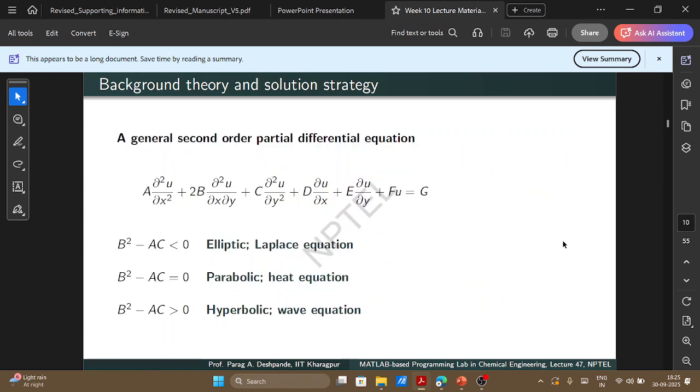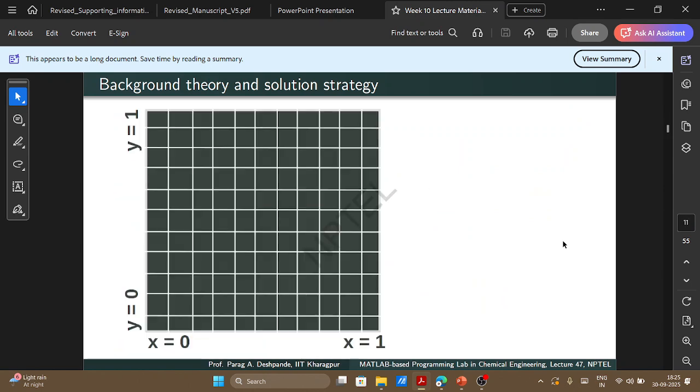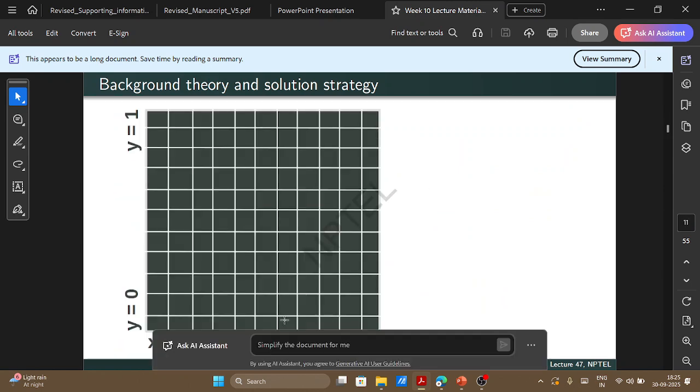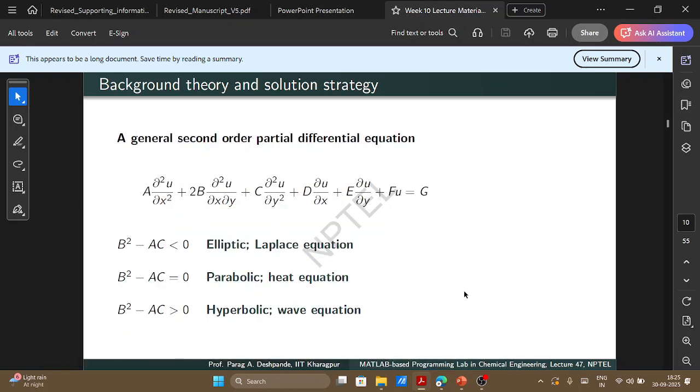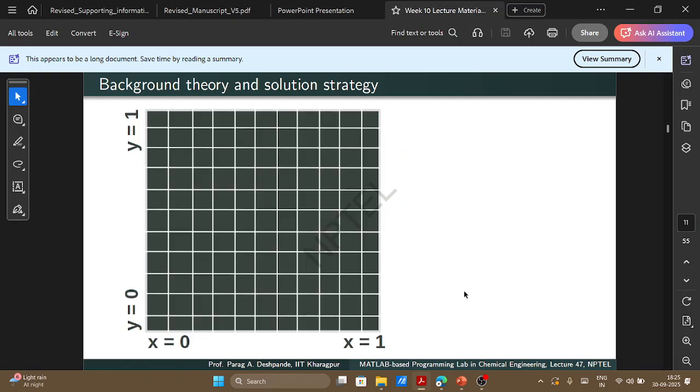So by discretization, what you do is you divide your system into multiple grid points, right? Now once you have these grid points, for each point you write your system's equation.